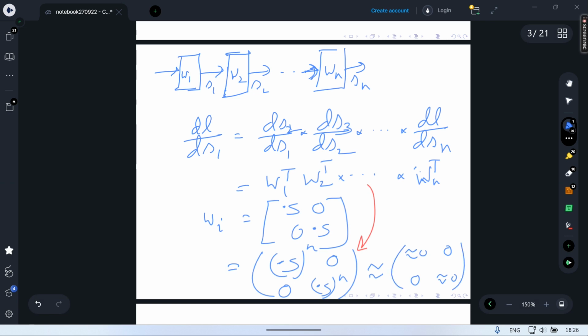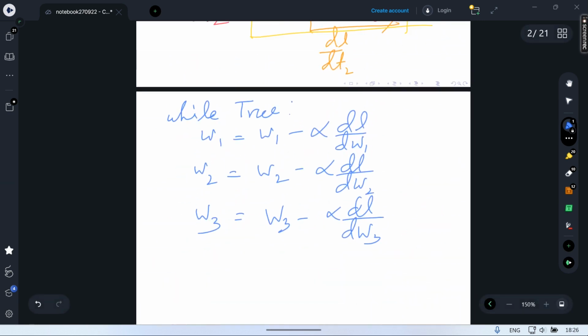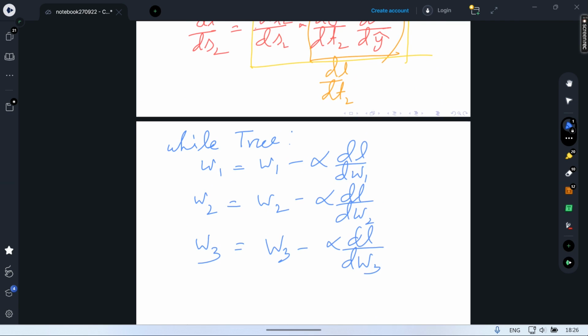Okay. So what does it indicate? It indicates that if n increases, there might be some situation where your gradient matrix will be close to 0. So what is the problem if the gradient matrix is close to 0? Remember that you are updating the parameters based on this gradient.